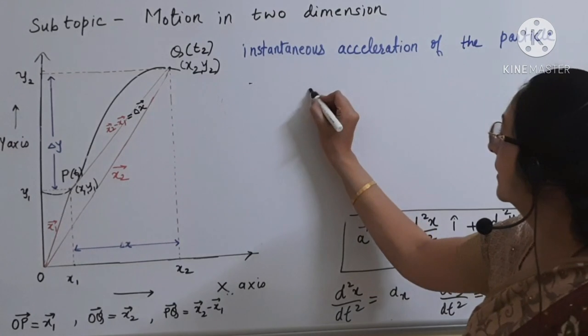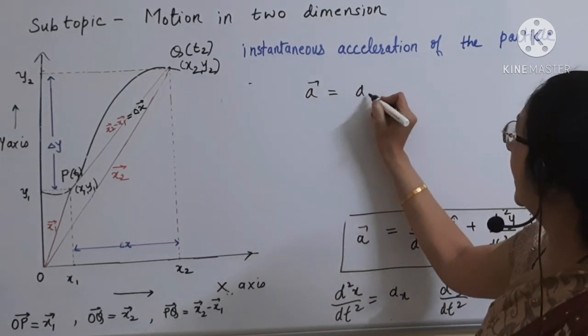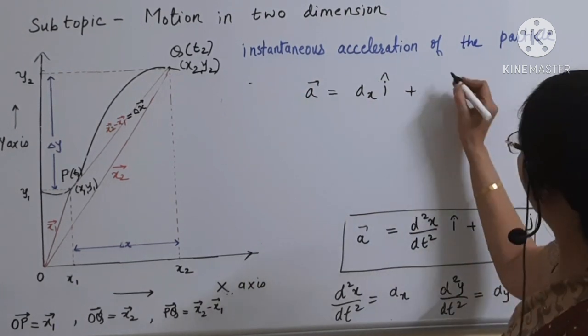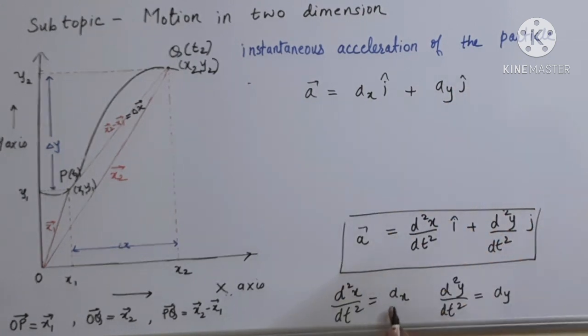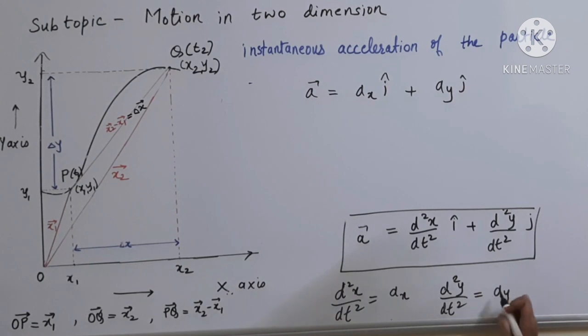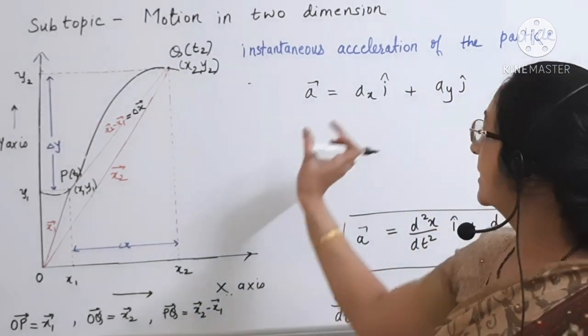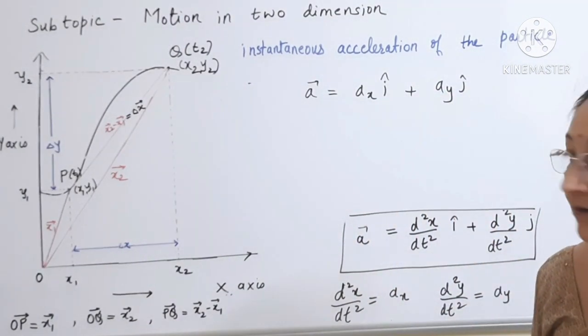Writing as the instantaneous acceleration A is ax i plus ay j, where ax is d2x by dt square and ay is d2y by dt square. So these are the two. This is the x component and this is the y component of the instantaneous acceleration.